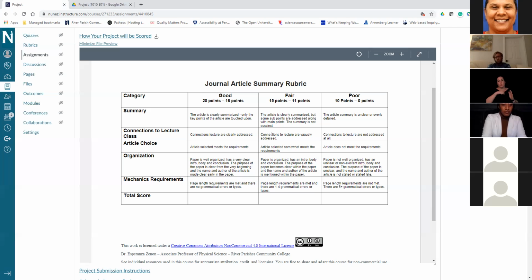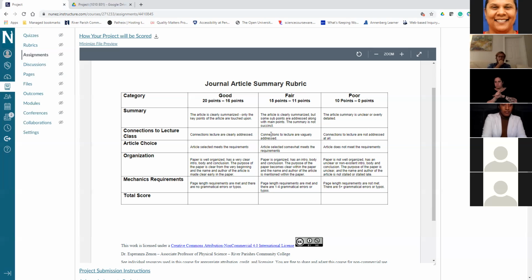So it might be fair game for you to say, I noticed they have a methodology section, which is very close to the procedure section that we did in our lab reports. Or I noticed that they have a hypothesis in this article. We learned that a hypothesis is a testable prediction, right?